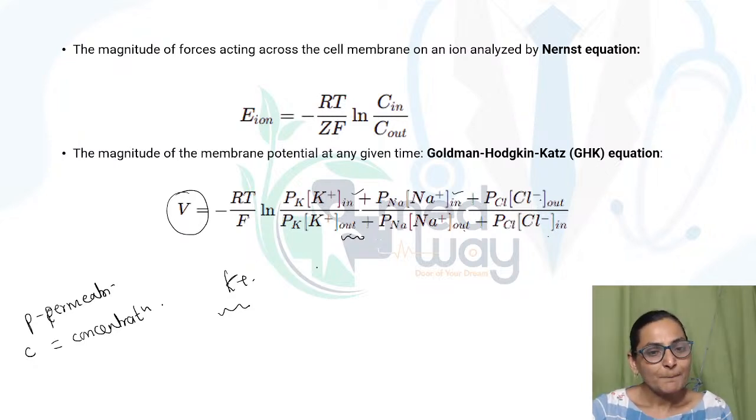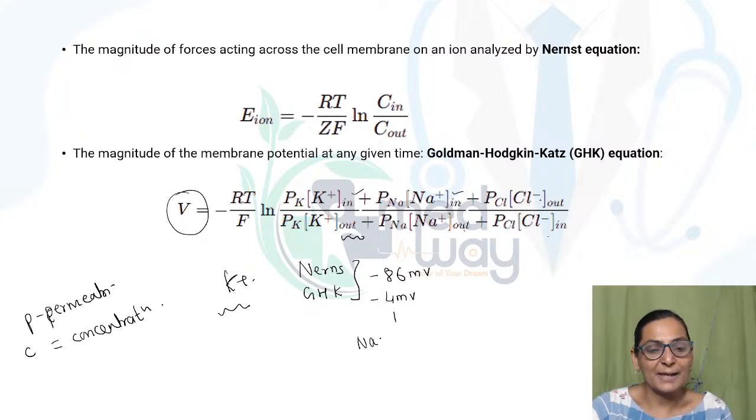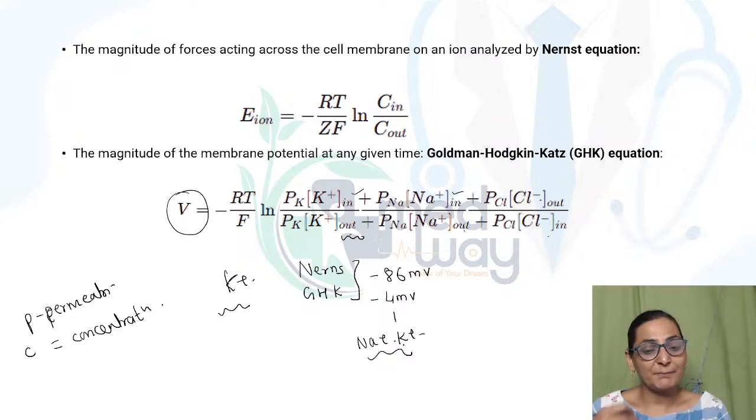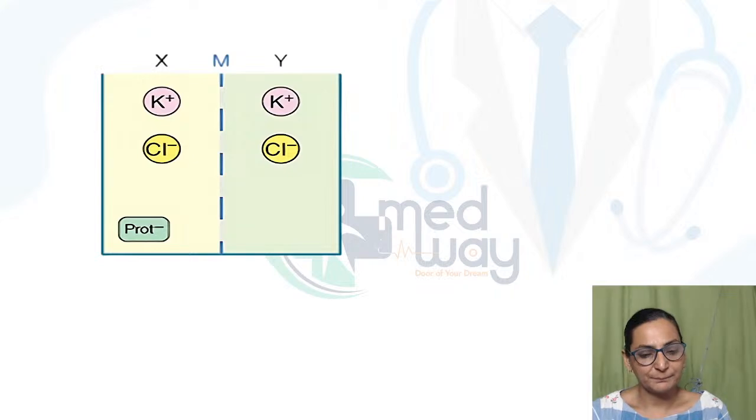When we use these two factors, the Nernst potential and the Goldman-Hodgkin-Katz equation, we calculate the resting membrane potential to be around minus 86 millivolt. Minus 4 millivolt of the RMP is contributed by the sodium-potassium pump. We've learned that the sodium-potassium pump is an electrogenic pump, right?